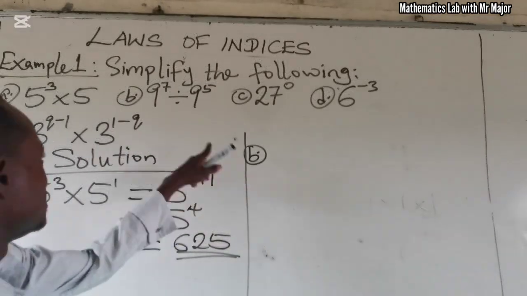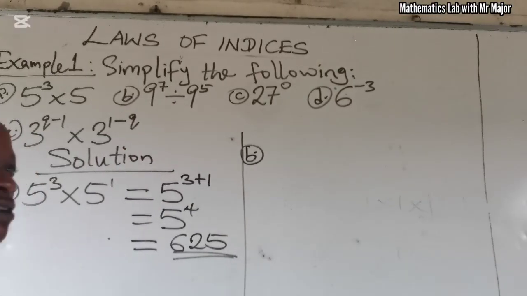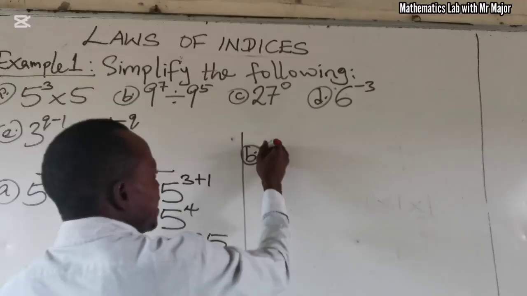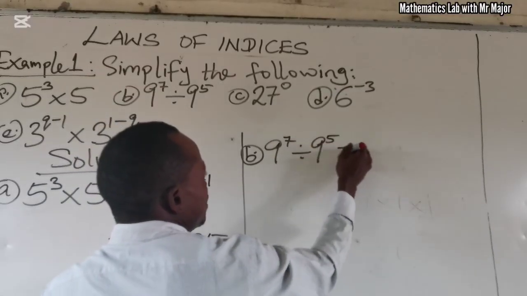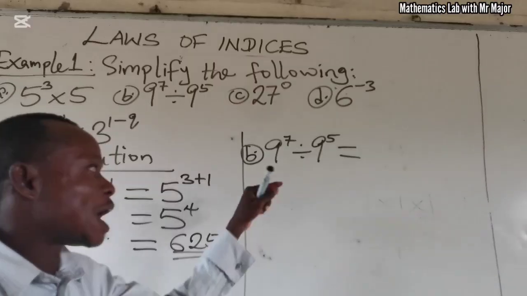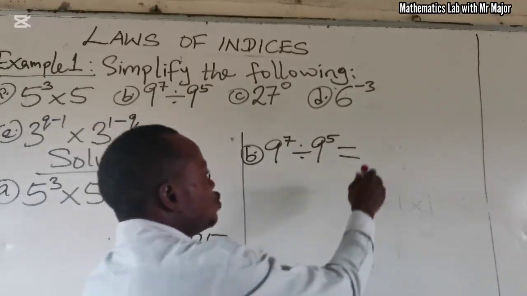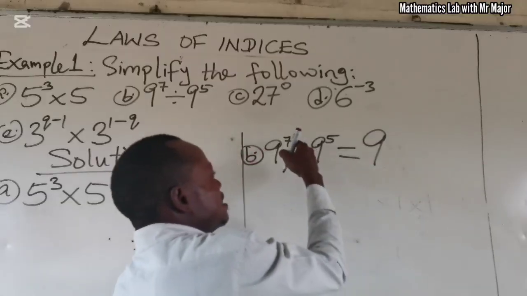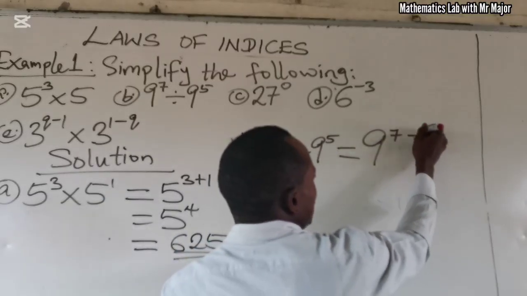Now let us look at the second biscuit. 9 raised to power 7 divided by 9 raised to power 5. This is division, so we apply the division law. The bases are the same. So that will be 9 raised to power 7 minus 5.